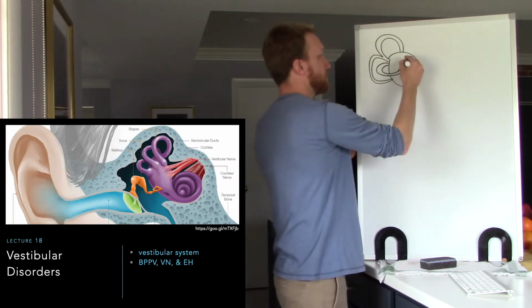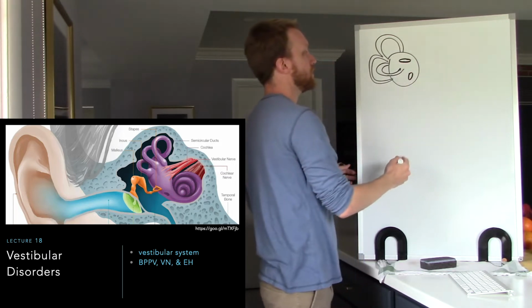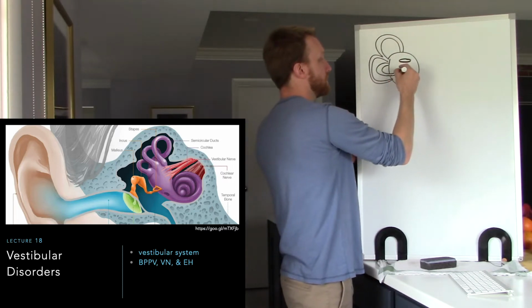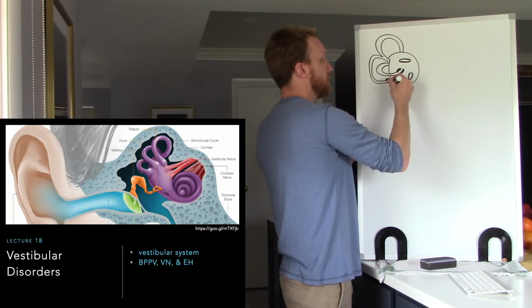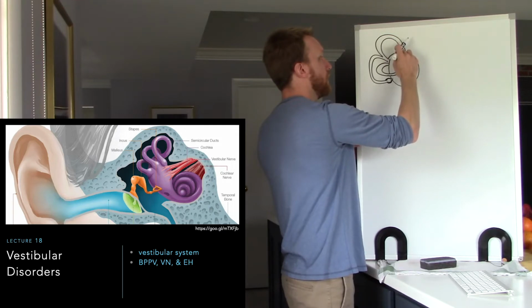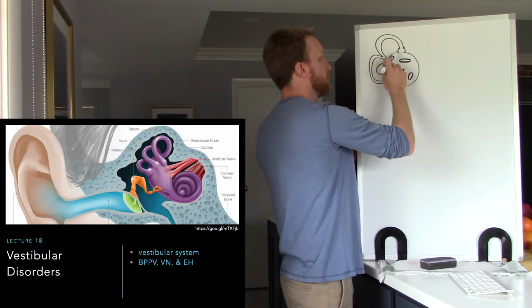There's a couple of different sensory organs within the vestibule that are going to sense static head position, and within the semicircular canals, this is where we're going to sense movement. So there will be a few swellings called ampulla, and these are going to be the sensory organs that sense movement. So whenever we turn our head, this is what's giving us that sense of movement.